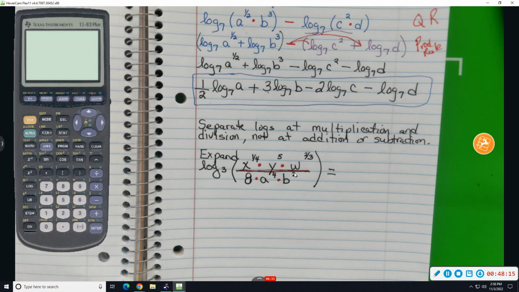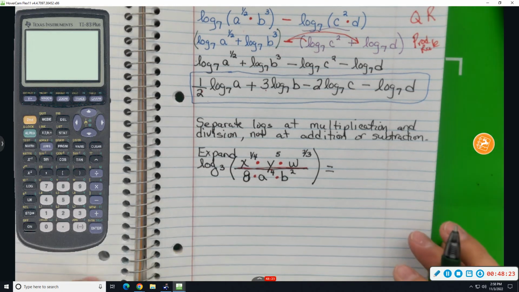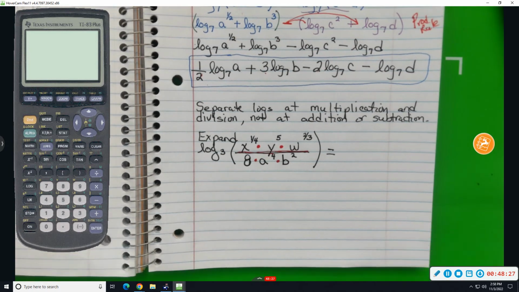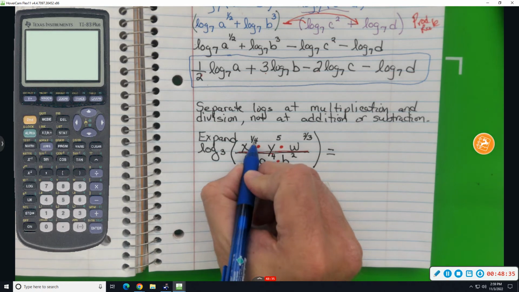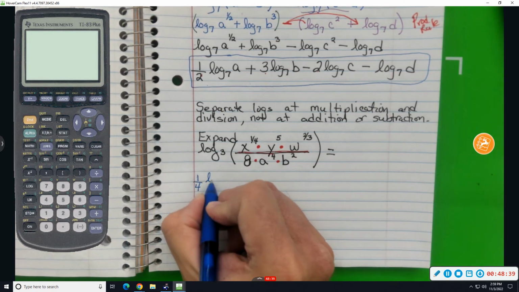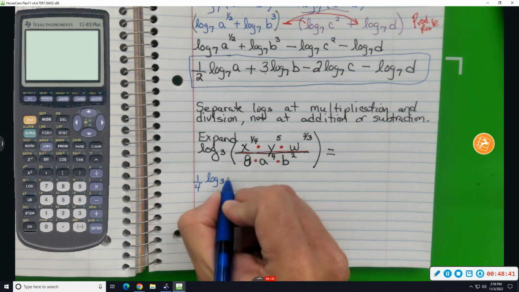How many minus signs am I going to have in the answer? 3. Okay? To get started, the exponent. Now, I'm just going to start writing it out. Okay? I remember one time when a student told me, it looks like you're just writing the problem down and writing out the answer. And I said, yeah, that's what I'm doing. Okay? Write the exponent first, then log base 3 of x.